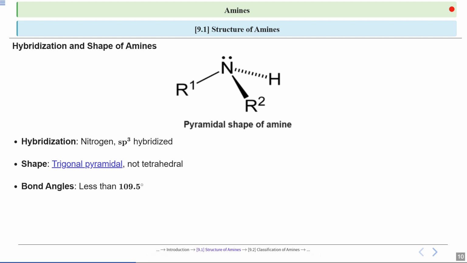These lone pairs repel the bond pairs more strongly and squeeze the bond angle closer together. So there is lone pair bond pair repulsion which squeezes it, and the angle is less than 109.5 degrees. So the hybridization of nitrogen is sp3, the shape is trigonal pyramidal and the bond angle is less than 109.5 degrees.